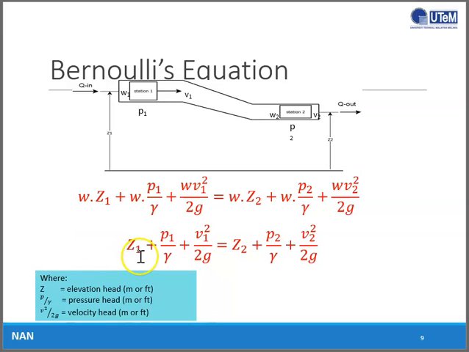And this is the equation: elevation 1 plus pressure 1 over gamma plus V1 squared over 2g equals elevation 2 plus pressure 2 over gamma plus velocity 2 squared over 2g.